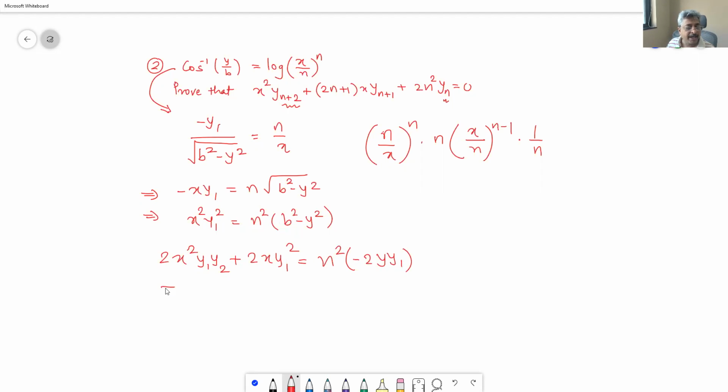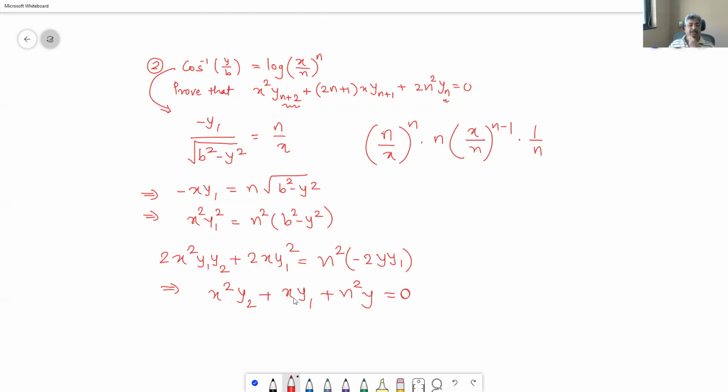Okay, if we rearrange this, we get x square y2 plus x y1 plus n square y is equal to 0.